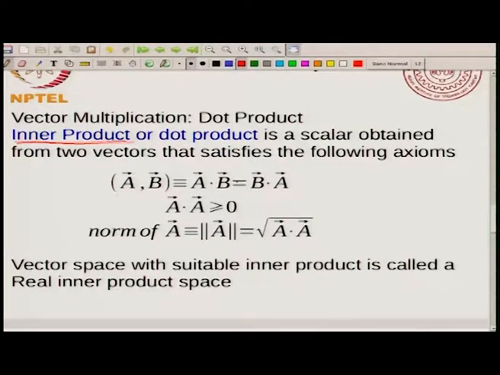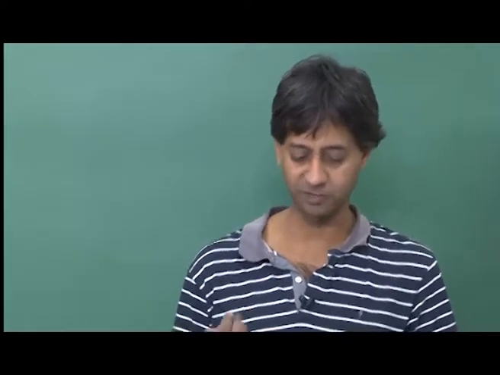And the inner product should satisfy that A dot B should be equal to B dot A. So based on these two vectors you define a scalar, and that scalar should satisfy A dot B equal to B dot A, and it should satisfy A dot A should be greater than or equal to 0. Any such definition of a dot product is a valid inner product.